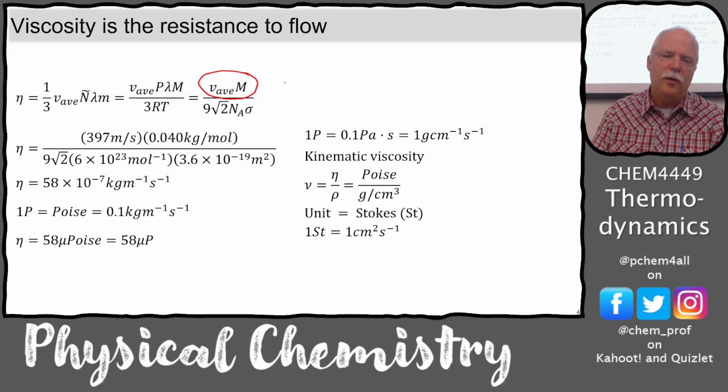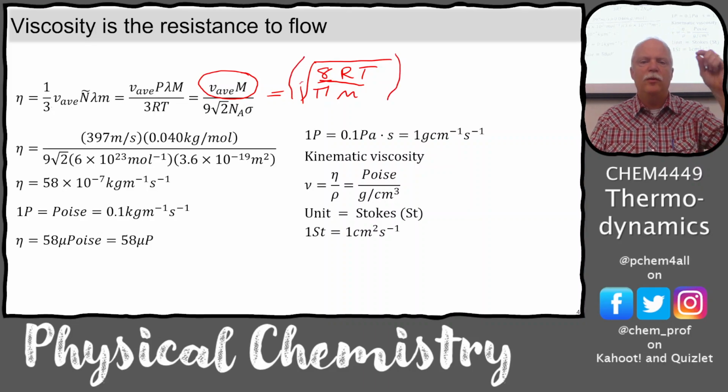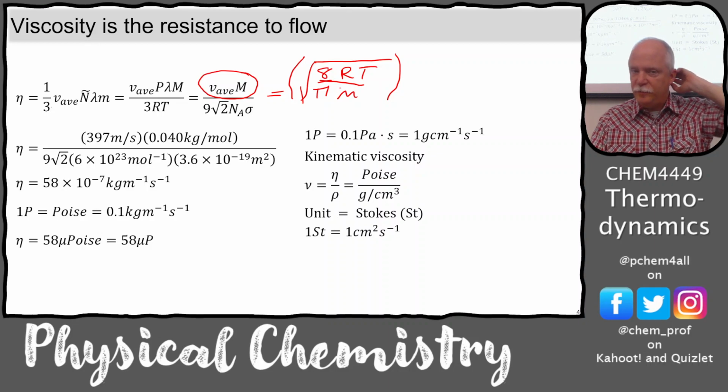All right, so let's look at this right here. So viscosity is proportional to these two items here, and the mass is in both of them. Okay, and so the average velocity, let's see, most probable is 2RT over M. The average was 8RT over πM. Remember that? That's the average velocity. The root mean squared was 3RT over M, and this is the one in between.